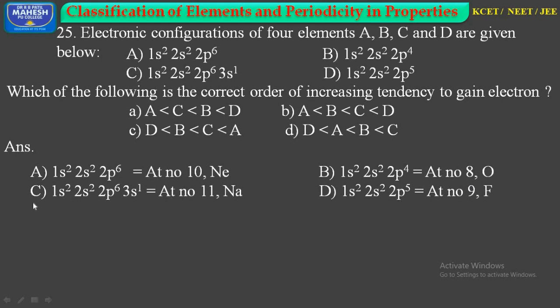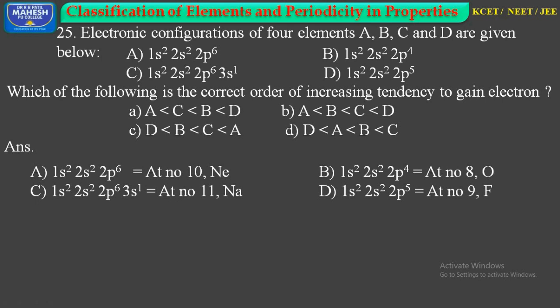Element C with the configuration 1s2, 2s2, 2p6, 3s1: in total we have 10 plus 1, that is 11 electrons, atomic number 11, the element sodium. And the next, element D with the configuration 1s2, 2s2, 2p5: in total the number of electrons is 9, so atomic number 9 corresponds to fluorine.